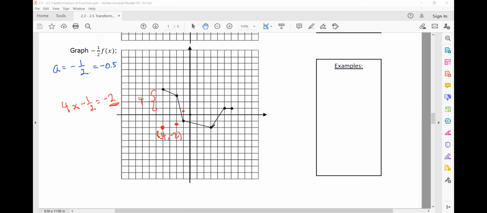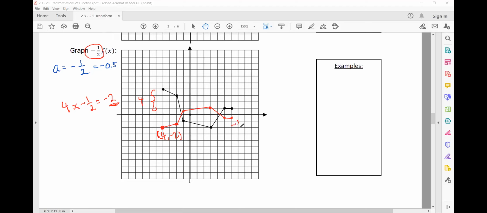Good. So I know what you're doing. I'm going to fill in the rest. The -2 times -1/2 becomes 1. 1 times -1/2 is -1/2. And then after you connect the dots, ask yourself, does this look like the function has been essentially smushed? Does it look like a vertical compression as well as a flip?